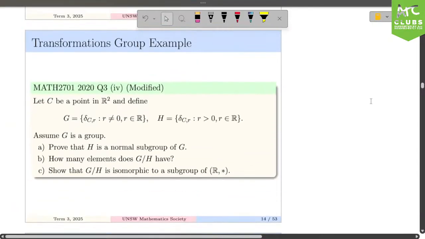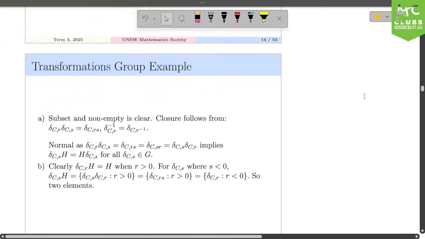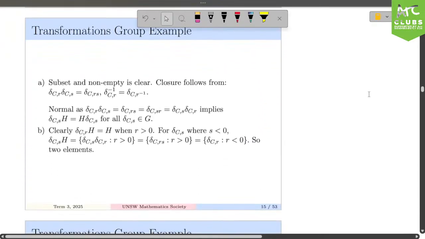Okay, so let C be a point in R2, and we define G to be all of the dilations around C, where R is any real non-zero number, and H is where R is all positive. Now, we can assume G is a group, and now we'll prove that H is a normal subgroup of G. First, the fact that it's a subset and that it's non-empty is clear.